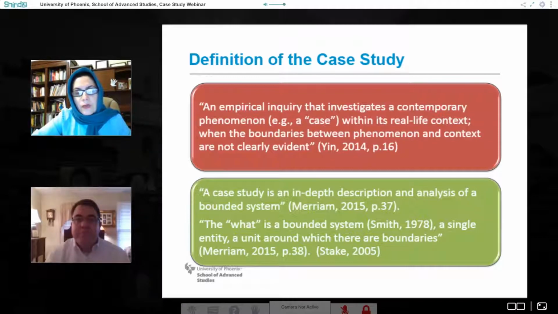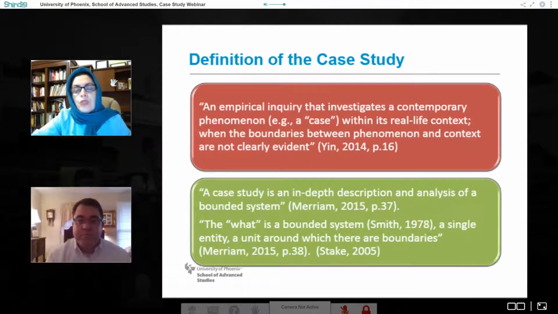I purposefully included these because I just wanted to start with the notion that when it comes to research design and method, you hear different sorts of perspectives. And there are different types of schools of thought, really.